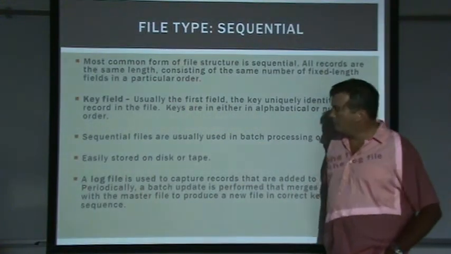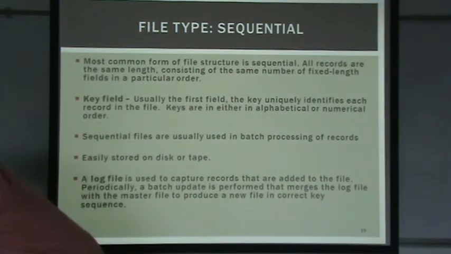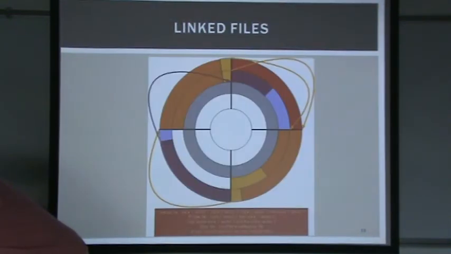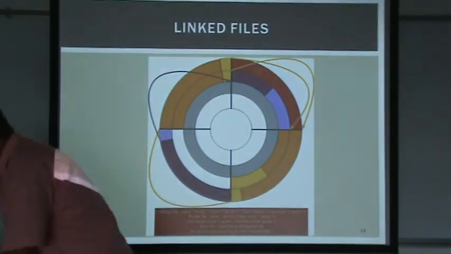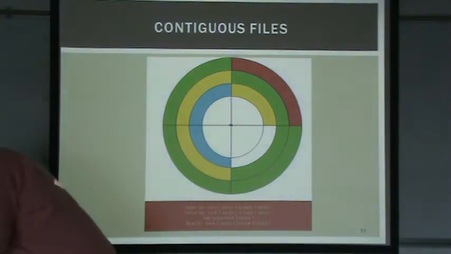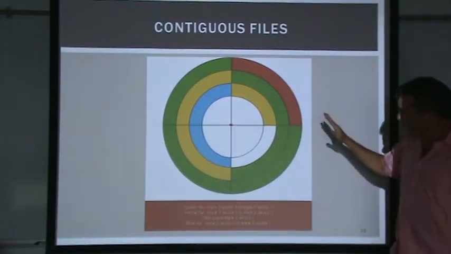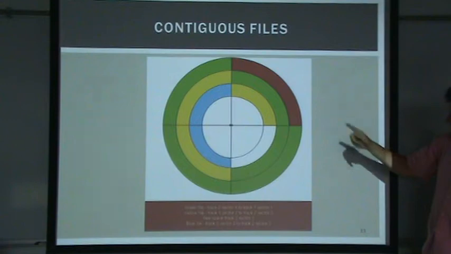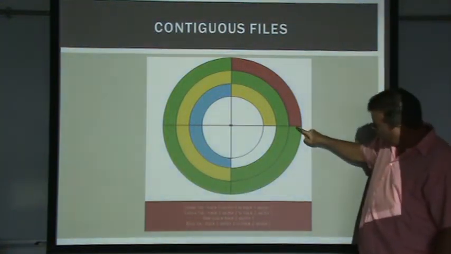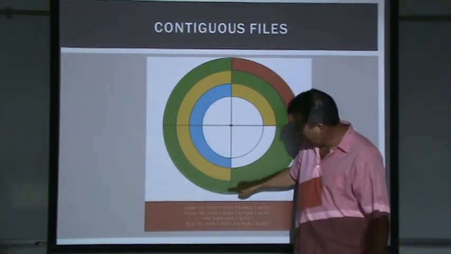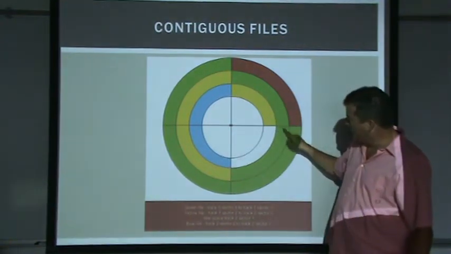So for example, if we had a file, even if it was a sequential file and it was contiguous on storage, suppose we had this, this, this, and this, and this.